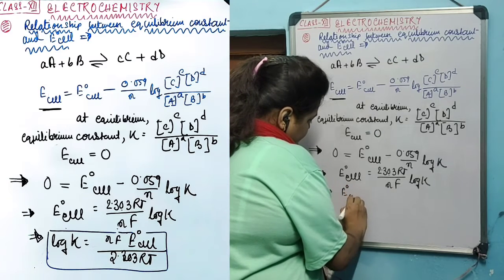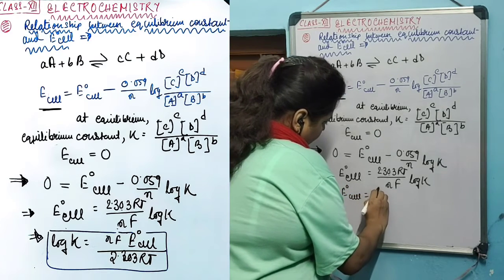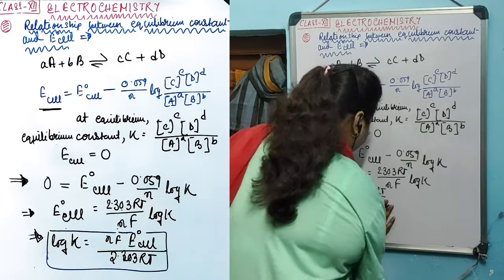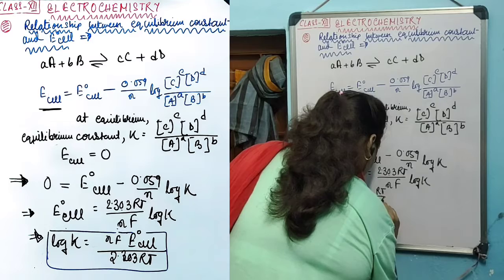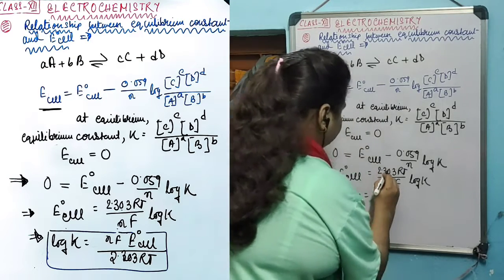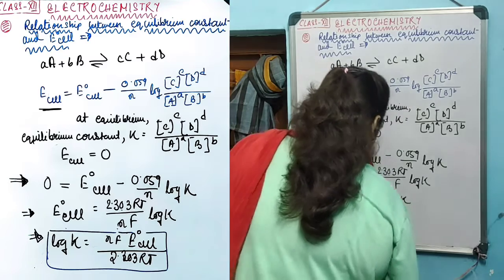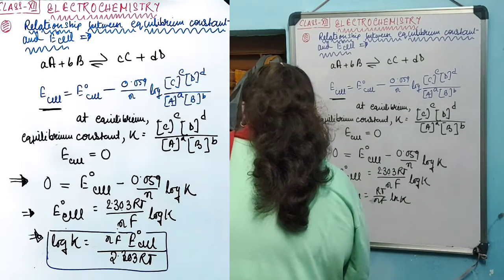E naught cell equals RT ln K by nF. By taking this 2.303 value also, the log will again become ln.